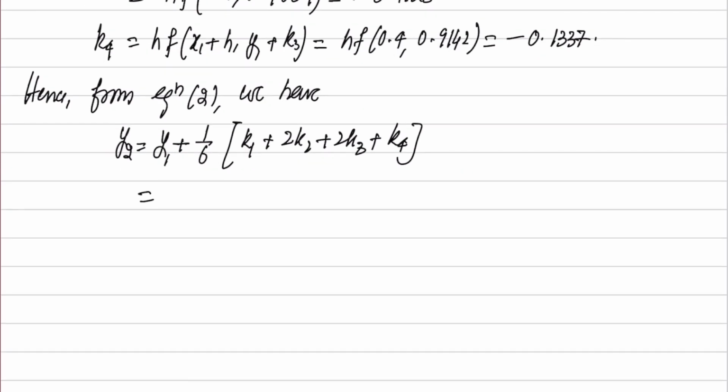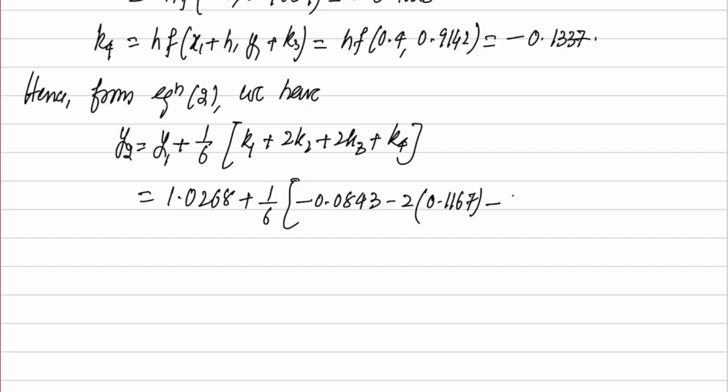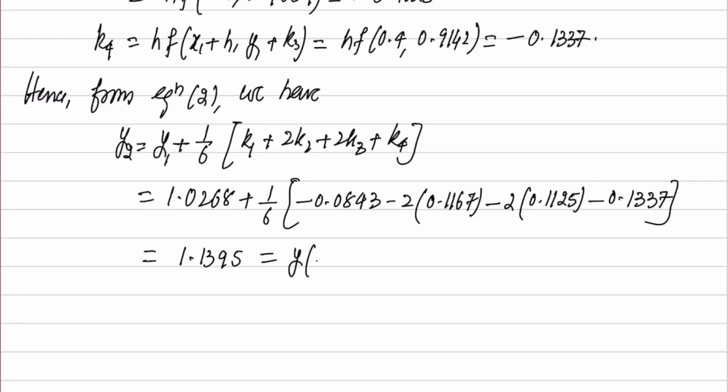This is now equal to y1, which is 1.0268, plus 1 divided by 6 times our new k1, which is 0.0843, minus 2 times 0.1167, minus 2 times 0.1125, minus 0.1337. Now adding up all these numbers, we finally get 1.1395, which is actually the value of y2 on the left hand side, and y of 0.4. So that is, y of 0.4 is equal to this value.